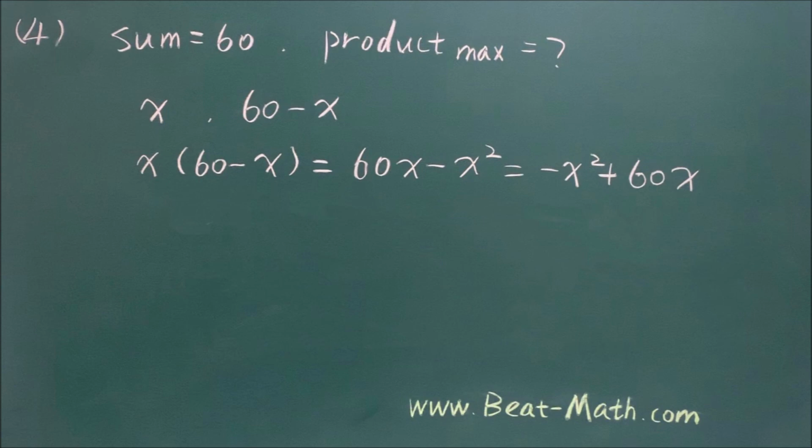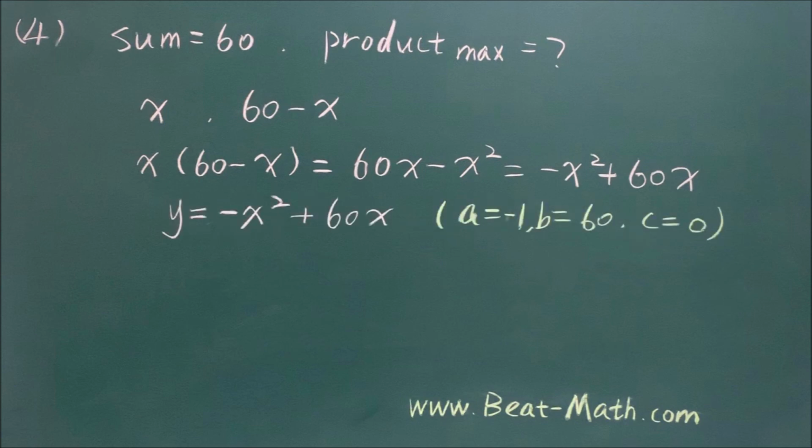This is the quadratic function with a equals negative 1, b equals 60, and c equals 0. We already know the function has a vertex when x equals negative b over 2a. Furthermore, a is less than 0 in this function. Therefore, the function has a maximum value when x equals negative b over 2a.